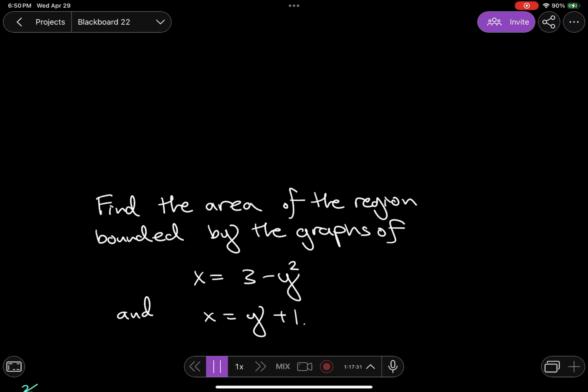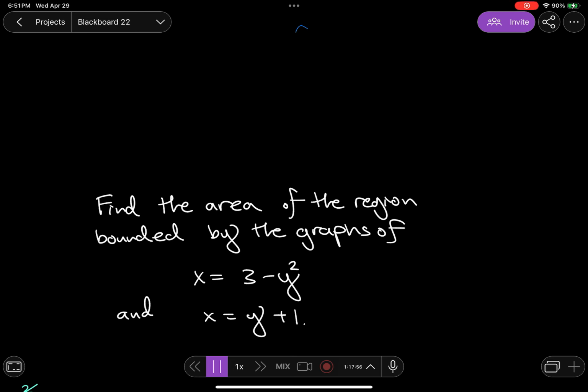But the question here is, if you have two functions in terms of y, whose independent variable is y, the question is really still the same. In the other case, it's which function is above the other one. For this case, it's which function is more to the right of the other one.